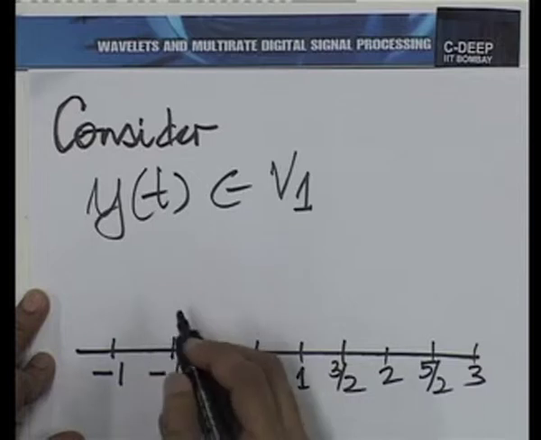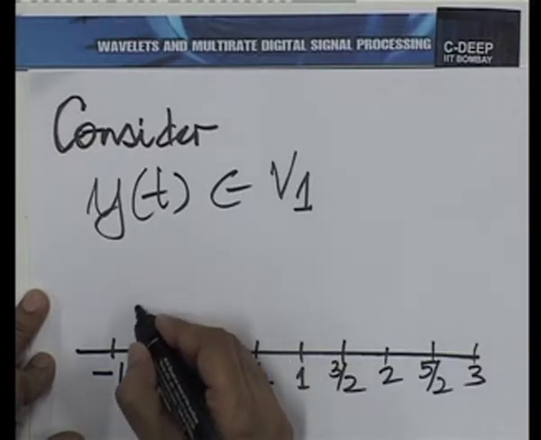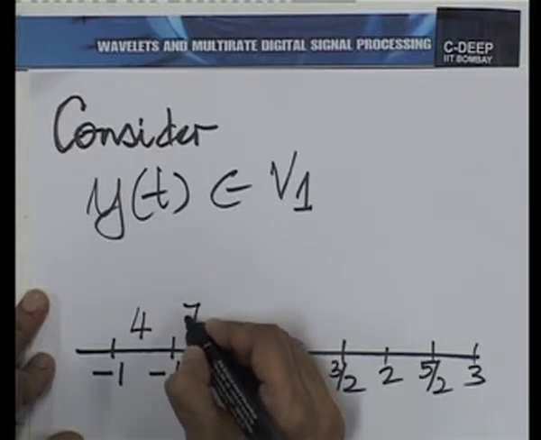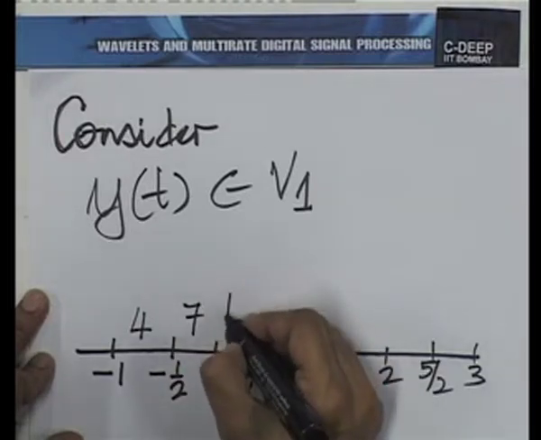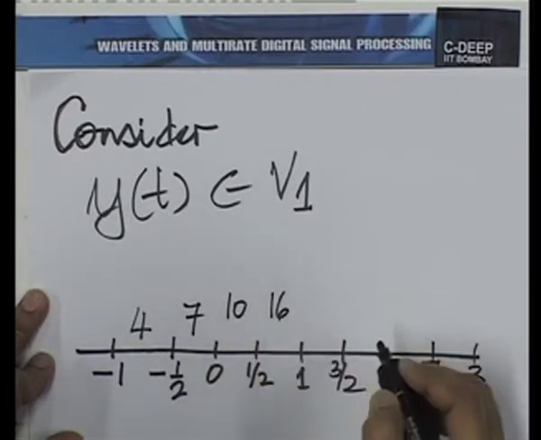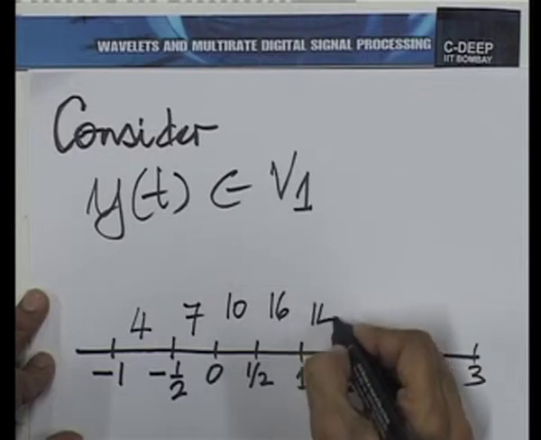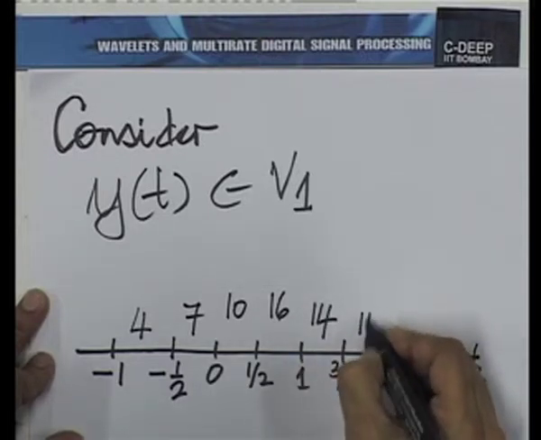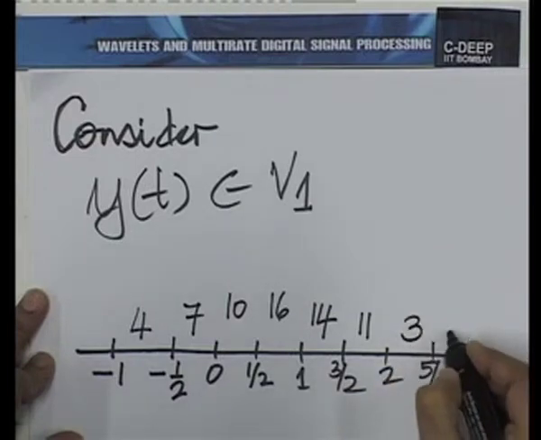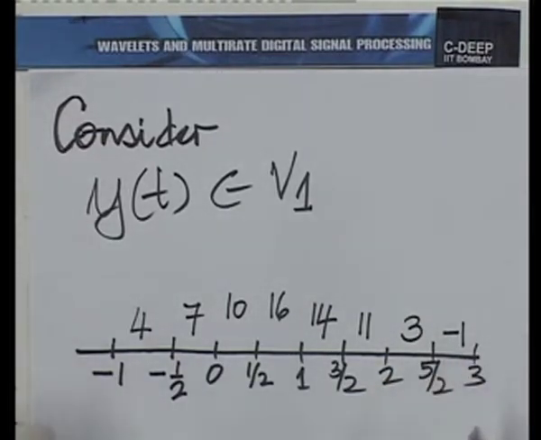In this interval the value can be, let us say 4, in this interval the value is 7, in this interval the value is 10, in this interval the value is 16. Let us say in this interval the value is 14, 11, let us say 3 and minus 1 for some variety. These are the piecewise constant values in these respective intervals.